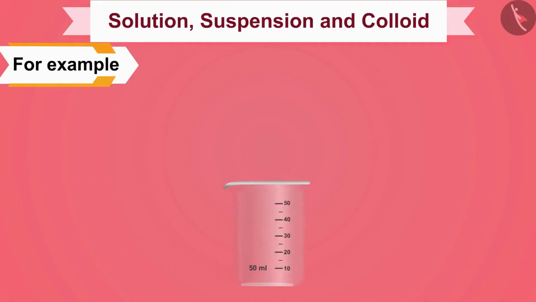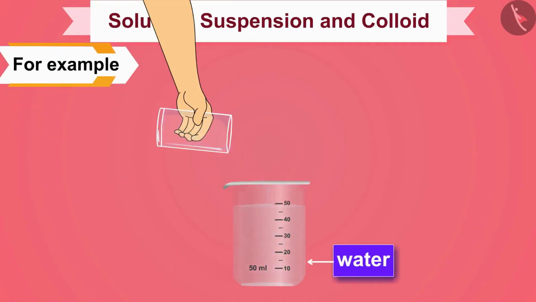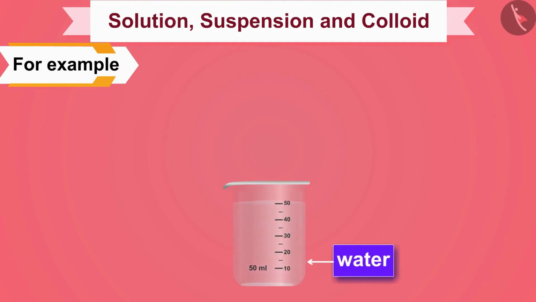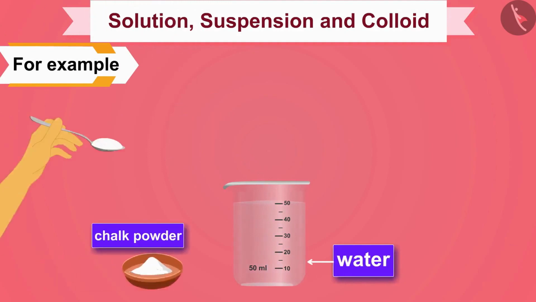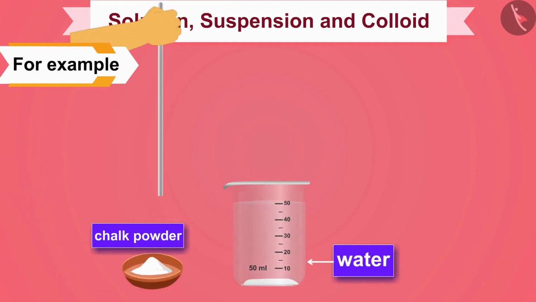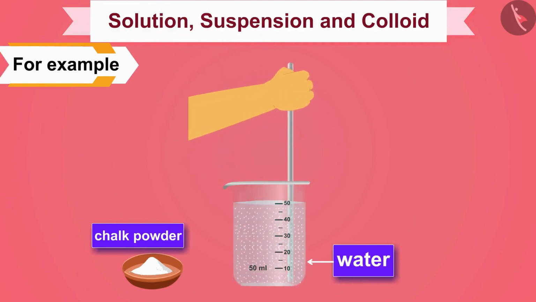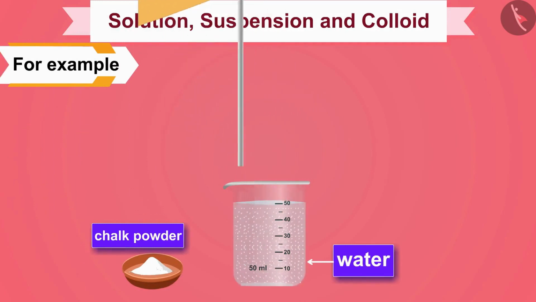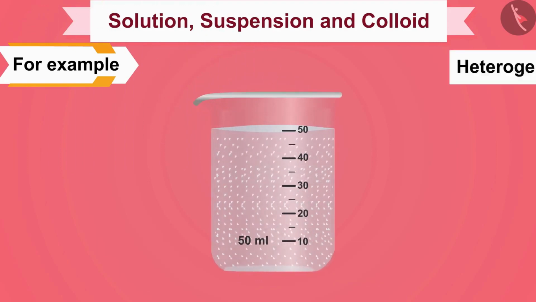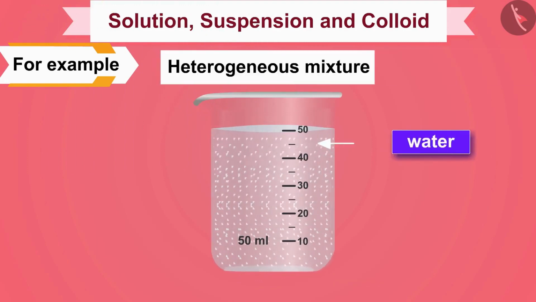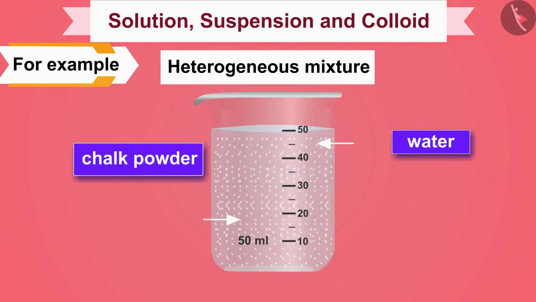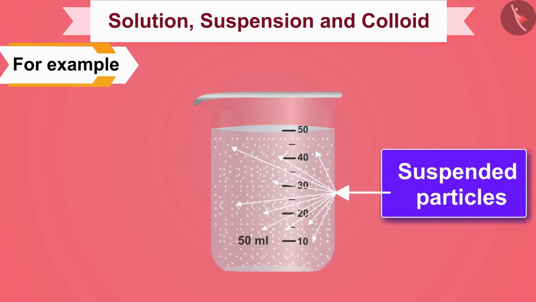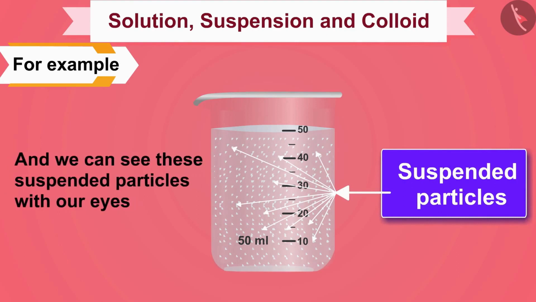For example, take 50 ml of water in a beaker and add 1 teaspoon of chalk powder with the help of a glass rod. What do you see? This solution is a heterogeneous mixture in which the solute does not dissolve but remains suspended throughout, and we can see these suspended particles with our eyes.